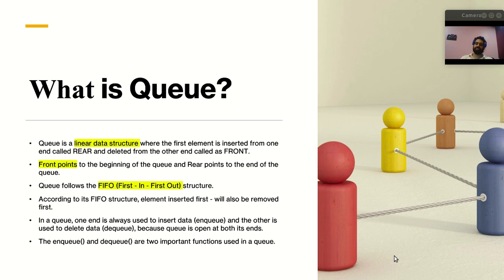So basically the queue has two ends, the rear end and the front end, and enqueue and dequeue are the two important functions used in a queue, right? This is a brief definition of a queue.